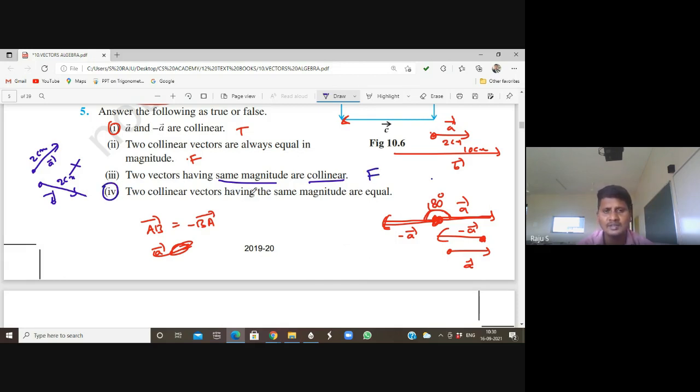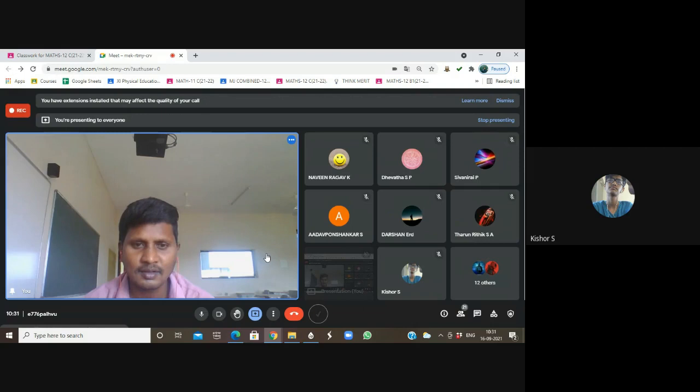Then what about the fourth subdivision? Two collinear vectors having the same magnitude are equal. Is it true or not? They're not true.